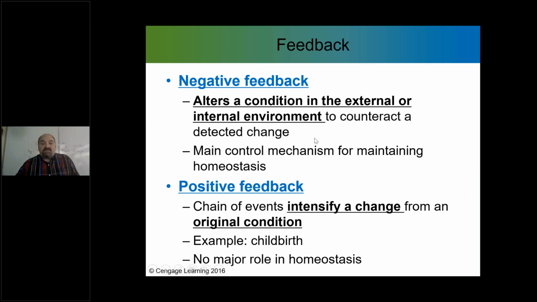So it alters a condition in the external or internal environment to counteract a detected change. That makes sense, does it not, folks? If your blood pressure is too high, right? Now you would hope that there would be mechanisms, but sometimes that doesn't work out too well. And what do you need? You need medications, right? That can help with that. There are different things. But negative feedback, this is how the body functions.